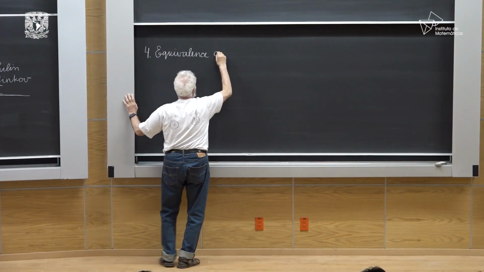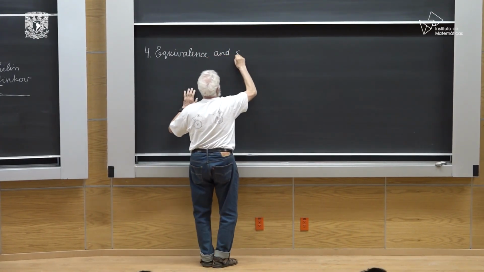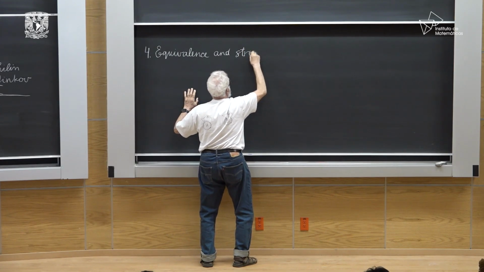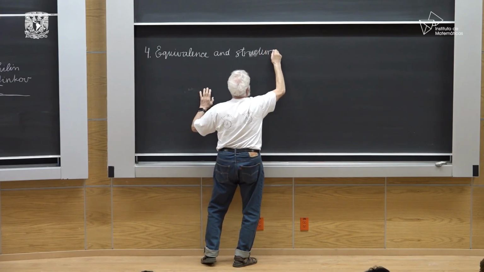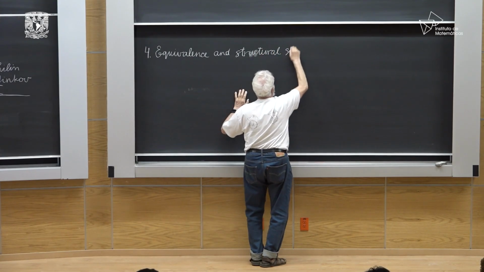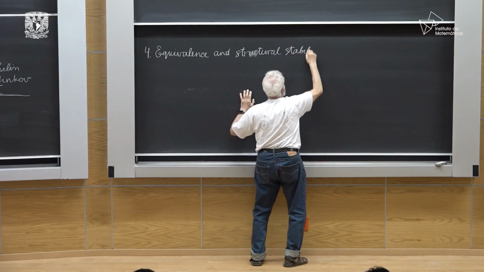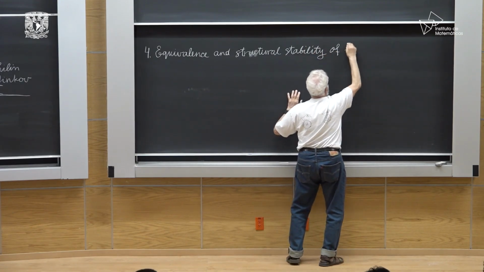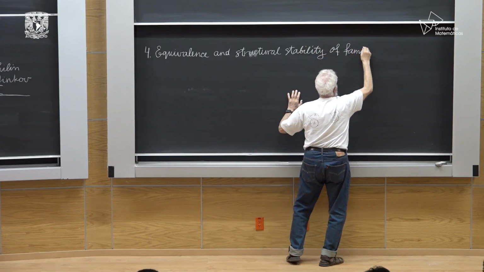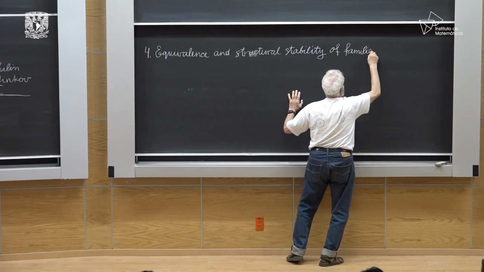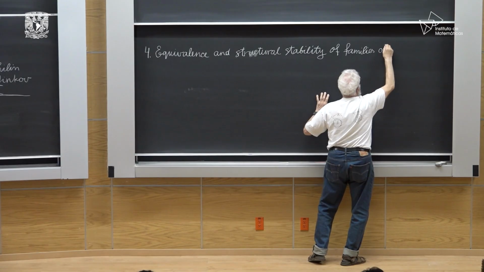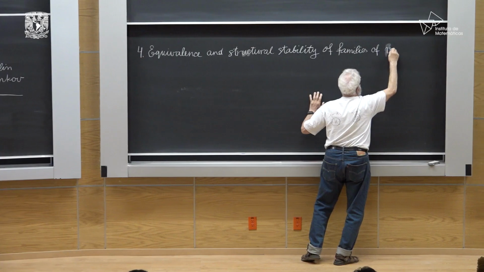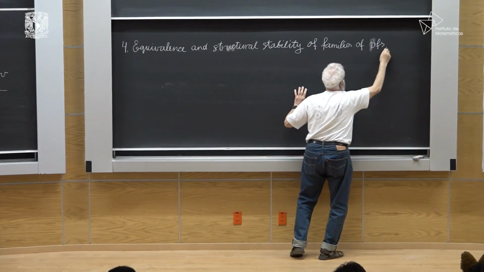Equivalence and structural stability of families of vector fields. Now, the number of the parameters may be arbitrary, and these are glocal families. This is abbreviation for vector fields.